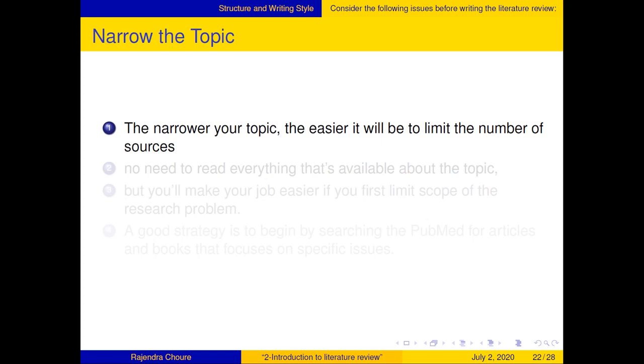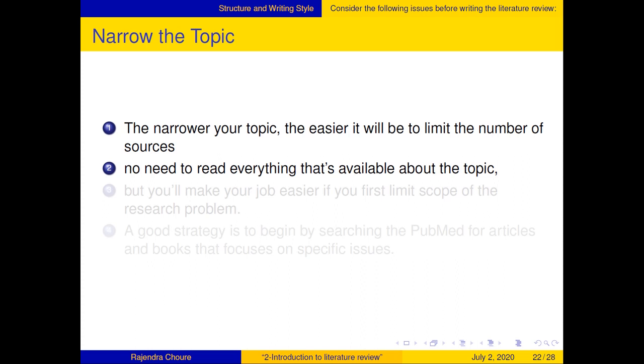Your keywords will narrow the topic, and when keywords are highly specific you will get very few articles or books, which you can manage, skim through and annotate. The narrower your topic, the easier it will be to limit the number of sources. Then always remember that there is no need to read everything that is available about the topic. No need. You can focus on very important words.